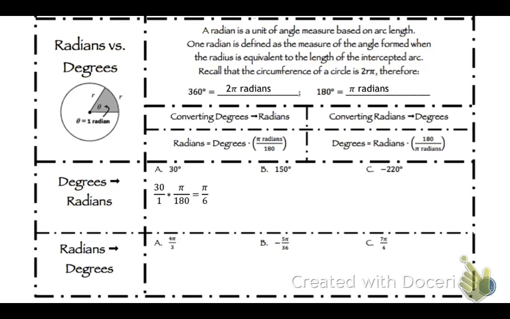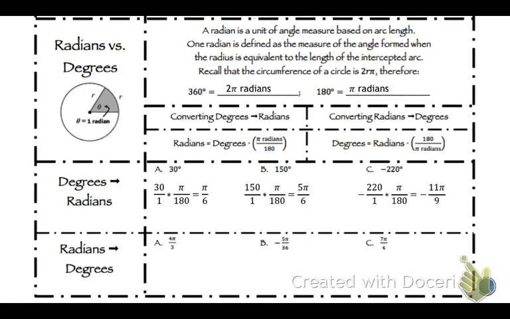Like 30 goes into 180 6 times, so it's pi over 6. 150 times pi over 180, that's going to be 150 pi over 180, which is 15 pi over 18, which is 5 pi over 6. Negative 220 times pi over 180, which is negative 220 pi over 180, which is negative 22 pi over 18, which is negative 11 pi over 9.